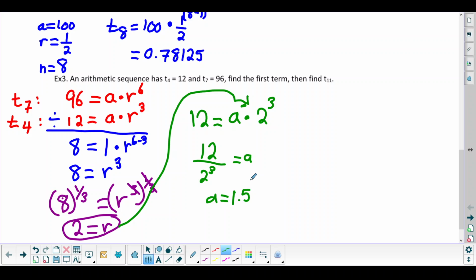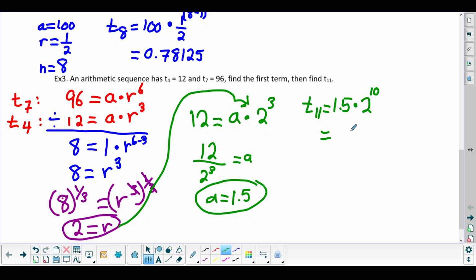Okay. So now we know A and R. We also know the first term, which is one of the things it wanted us to find. So let's find term 11. So T11 is equal to A, 1.5, times R, 2, to the power of 11 minus 1, 10.